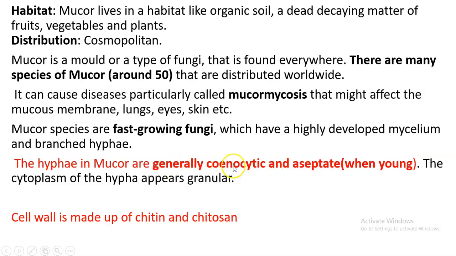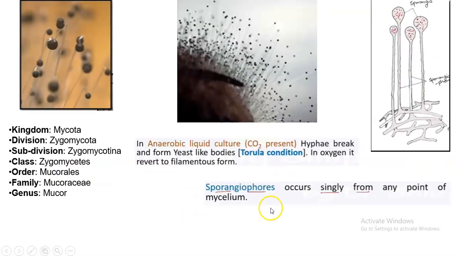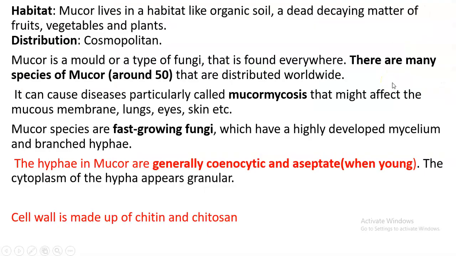When the zygote divides, many nuclei are formed, but no septa are formed. It is not divided in a multicellular fashion. It is just a tube-like body with many nuclei. That is called cenocytic. And the cell wall is made up of chitin and chitosan, not cellulose, right?